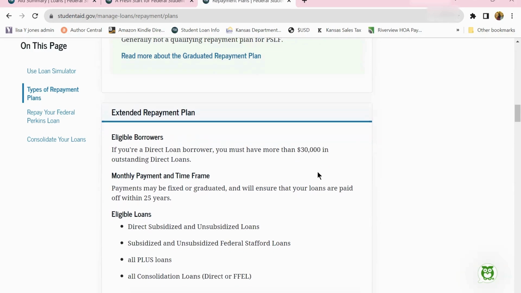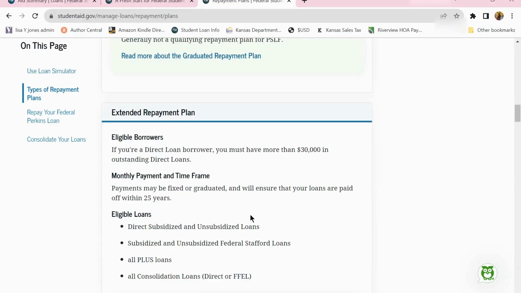Oh, I'm sorry. Okay. Extended repayment is if you have more than 30,000 in loans. Instead of you paying it off in 10 years, they will give you up to 25 years to pay them off. Okay. So that means that your payment is going to be amortized over a longer period of time. You're paying more interest. Okay.